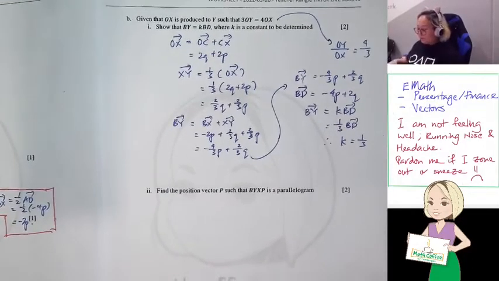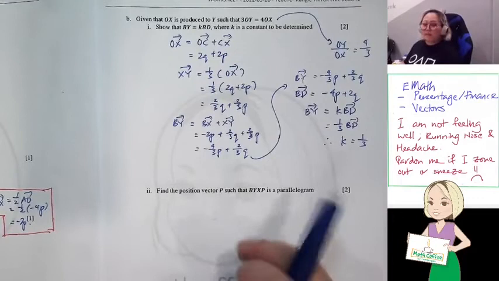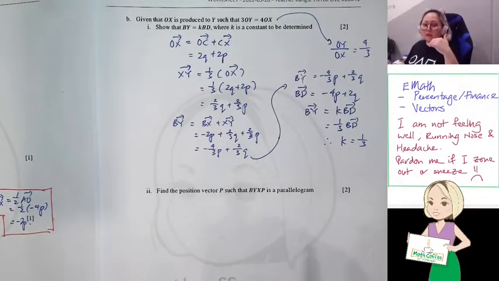Now, part 2. This is the same as what we did just now. When they tell us it is a parallelogram, and they already give us 3 coordinates, we already know 3 points. We want to find the 4th point.